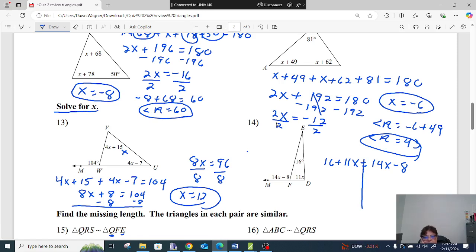I deal with the variables first. I like to keep my variables positive. So I get 16 is equal to 3x minus 8. I'm going to add 8 to both sides. I get 3x is equal to 24. And then I divide by 3. X is equal to 8.